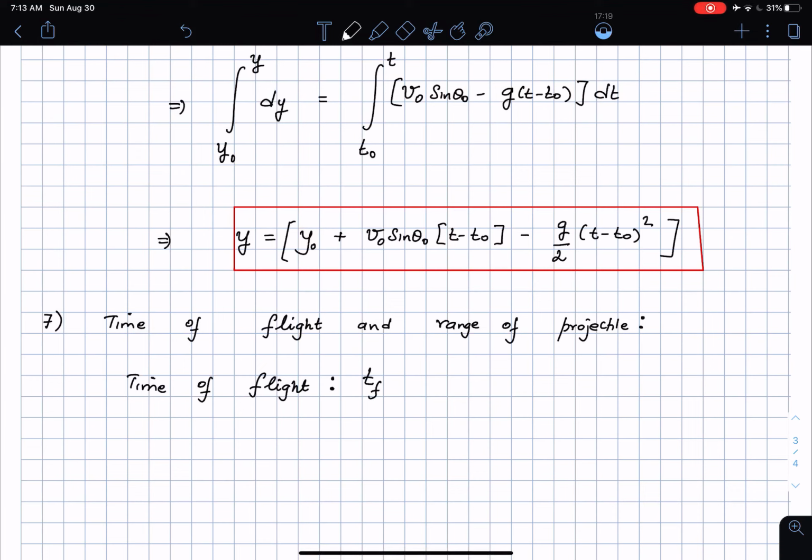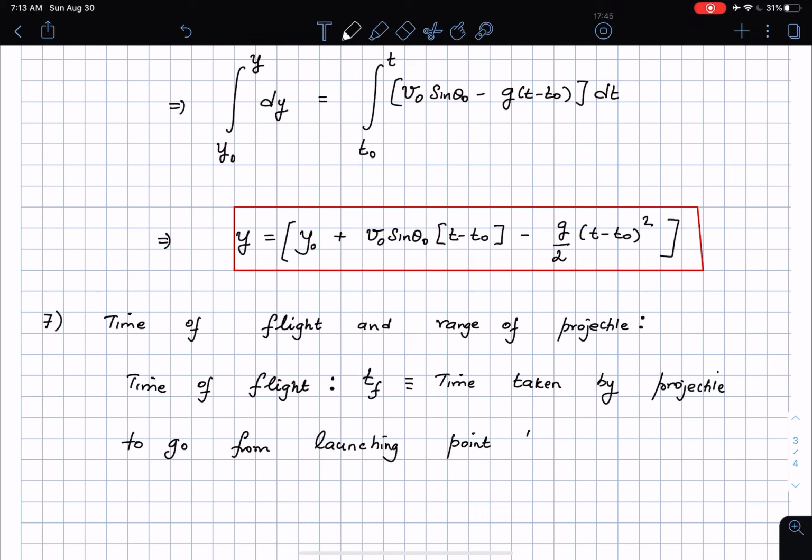This is the total time taken for the projectile to go from the launching point to the point that it impacts the ground. So this is the total time taken by the projectile to go from launching point to point of impact on the ground.